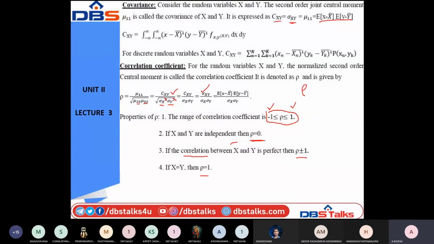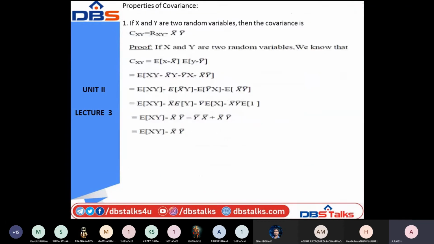Okay, so coming to the next one, properties of the covariance. First, see the first one. If x and y are two random variables, then the covariance cxy is equal to rxy minus x complement into y complement. We need to prove that.